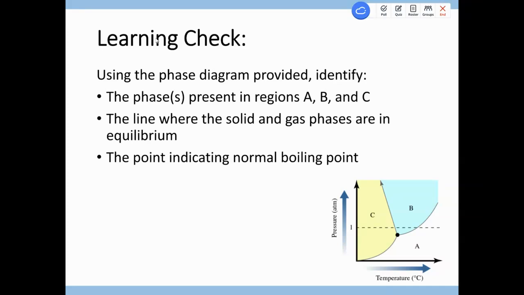First is which phases are present in each area. We can memorize where they are, but we can also think conceptually about what would happen if we had really low pressure and low temperature and some pressure. Something that's really cold with some pressure on it will likely be a solid. So that's area C, solid.